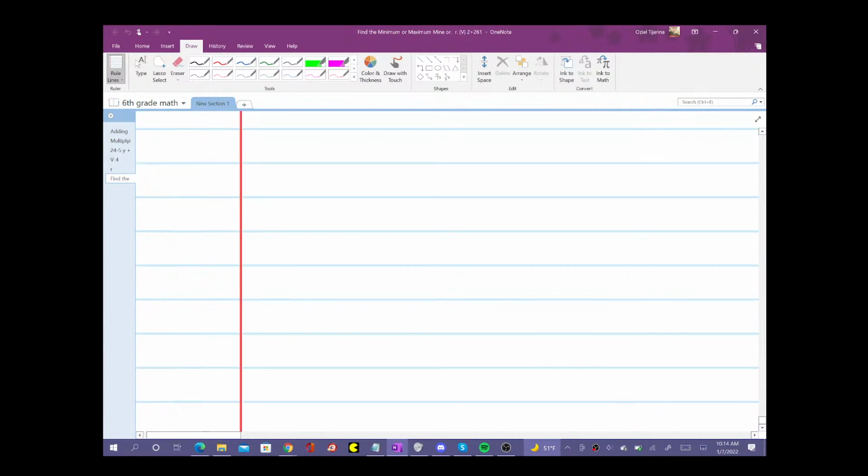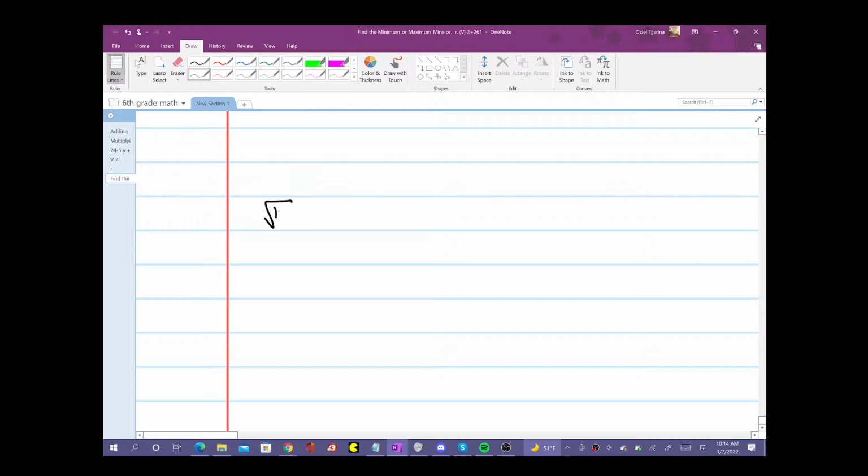So here's the thing. If I say the square root of 4 plus 9, this is not equal to the square root of 4 plus the square root of 9. The formula goes like this. The square root of a plus b does not equal the square root of a plus the square root of b.